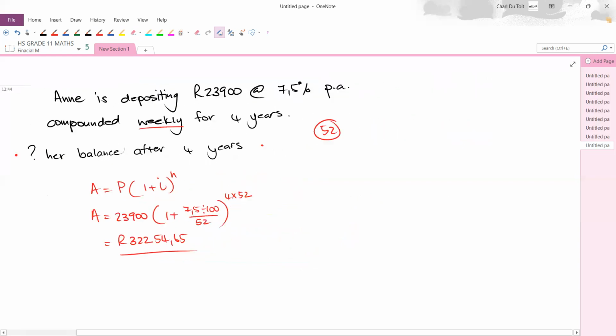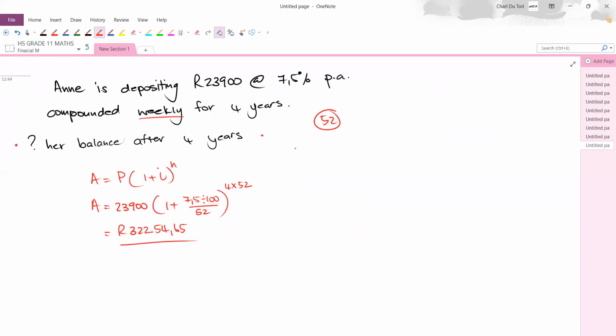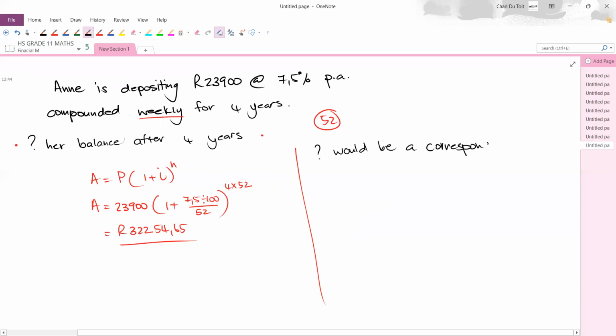The second question is going to be, I want to know what would be the corresponding effective rate for an investment.